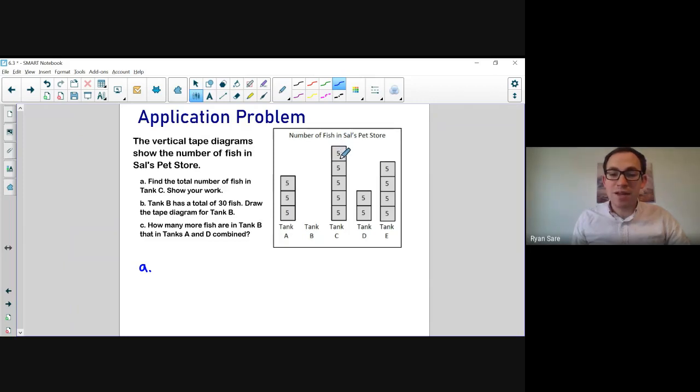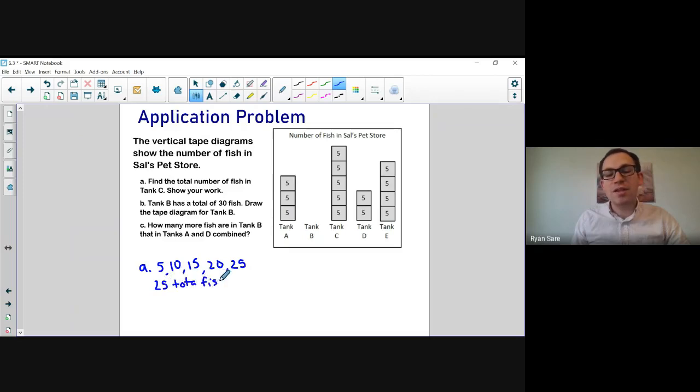It's 5. And there's 1, 2, 3, 4, 5 of them. And so there's a couple ways that I can do this. I can count by 5s. 5, 10, 15, 20, 25. And then I can answer 25 total fish.